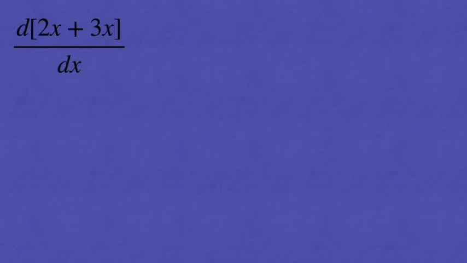So now, you want to add stuff like this to get an addition rule. And you know that this is simply the derivative of 5x with respect to x.